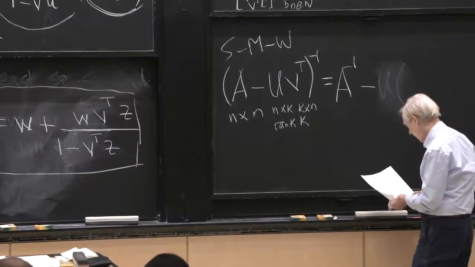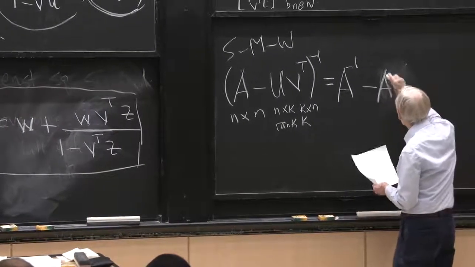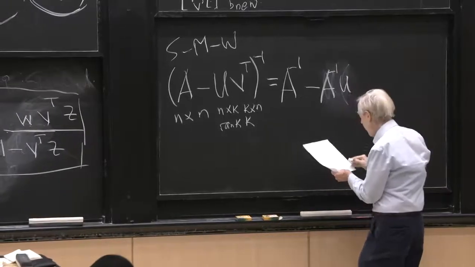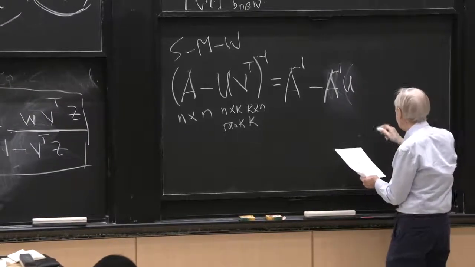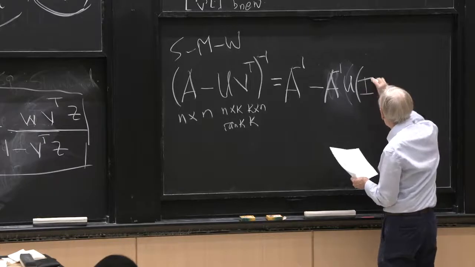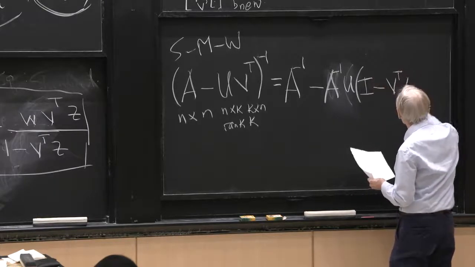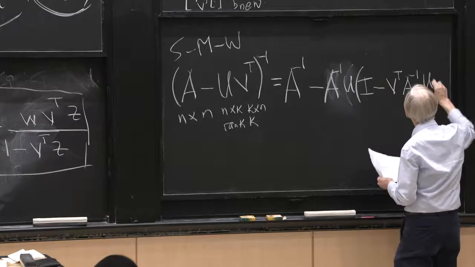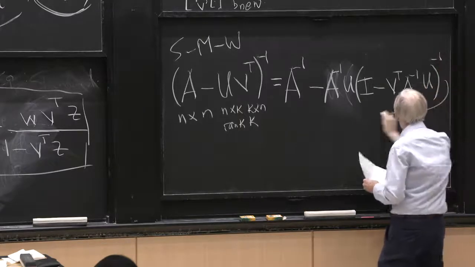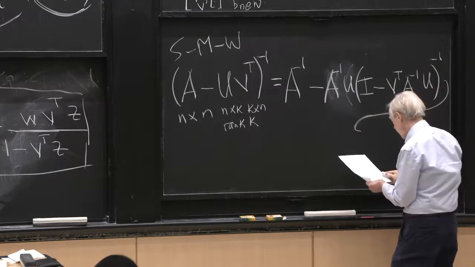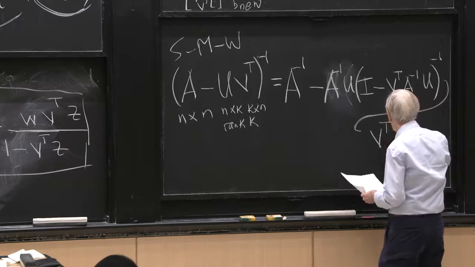Here it is. There's an A inverse U. Now comes that whole thing inverted that you'd expect: I minus V transpose A inverse U, all inverse. And then there's another two pieces, V transpose A inverse.